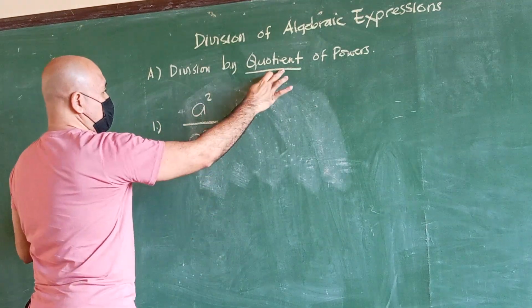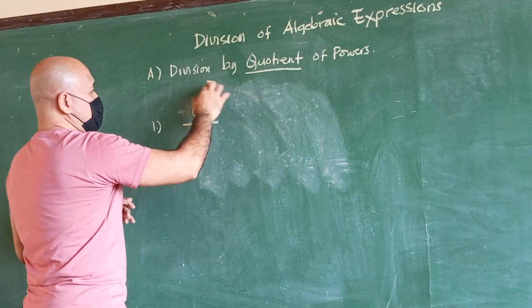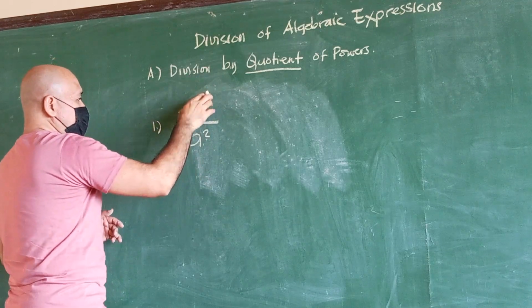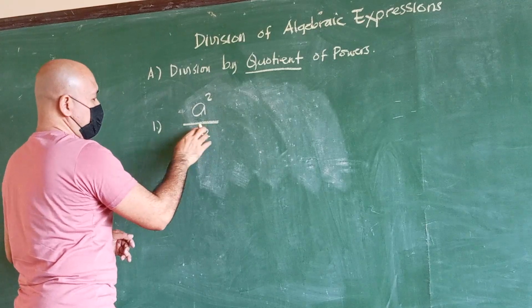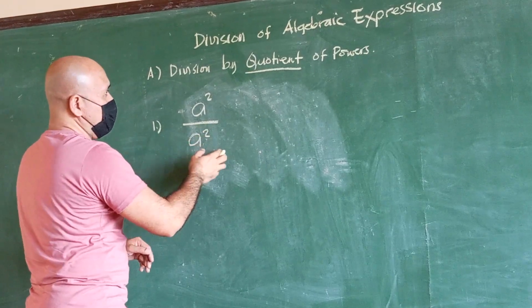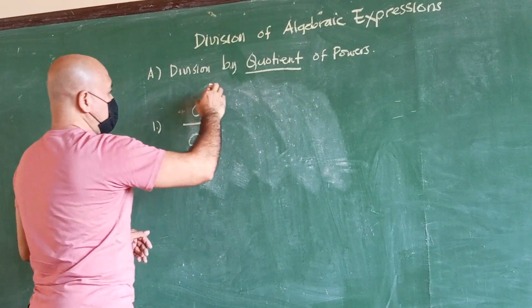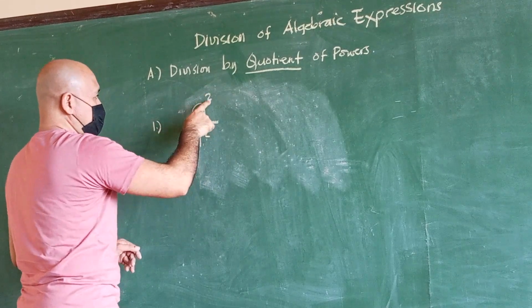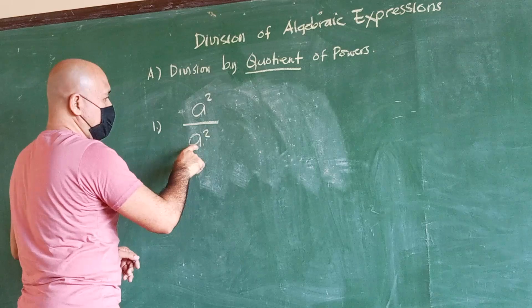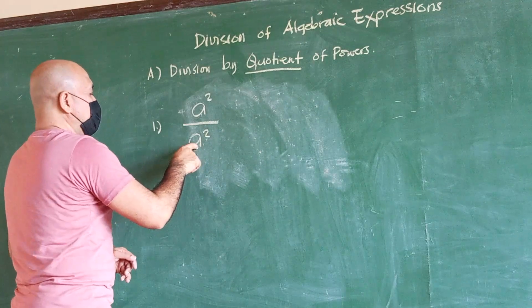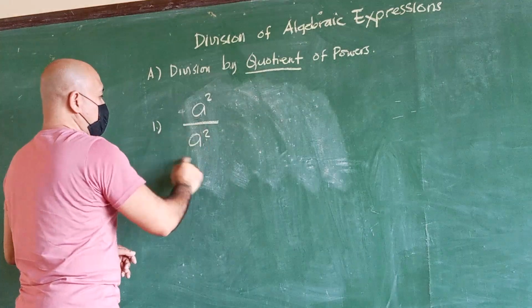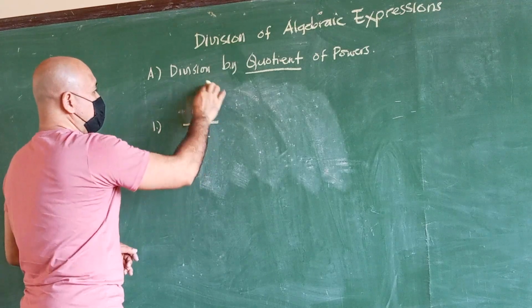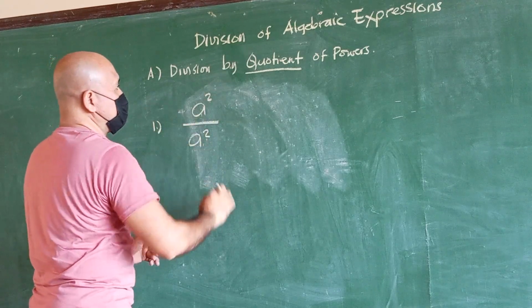So why is it quotient? Because it is in the form of division or fraction, where this one is the dividend and the denominator is what we call the divisor. And power, because the numerator is power, there is base and exponent, and the denominator, which is the divisor, also has power, the base and then the exponent. That is why we call this expression a quotient of powers.